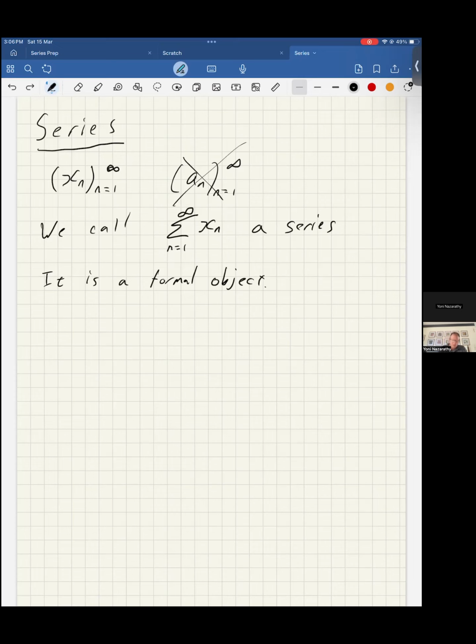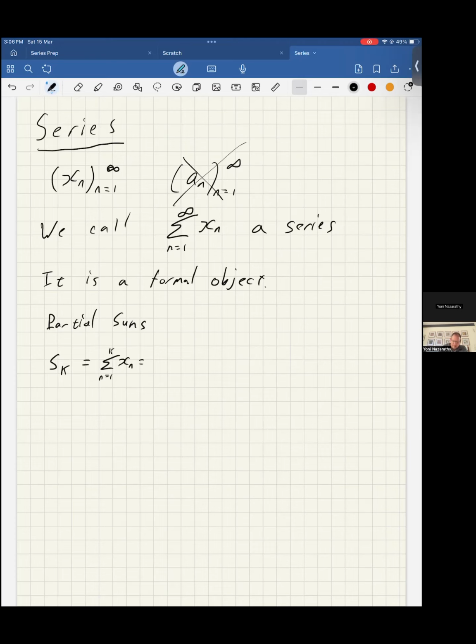Okay, so to see what we mean by that, we have to speak about the partial sums. And they are not formal objects, they are real objects. So real in the sense that they're concrete mathematical expressions that follow all of the rules that we have learned within the field of real numbers, for example. So S_k is just going to be the sum n going 1 to k of x_n.